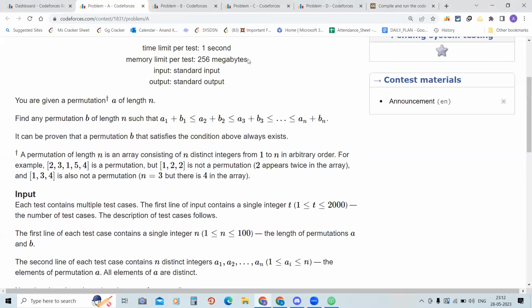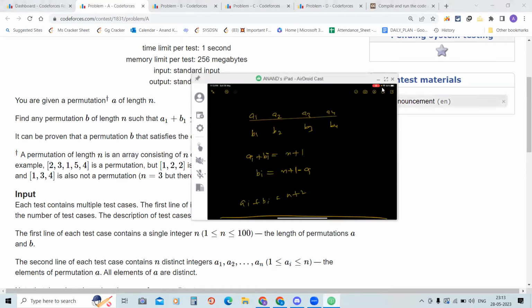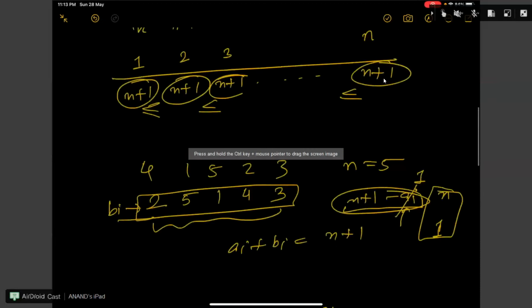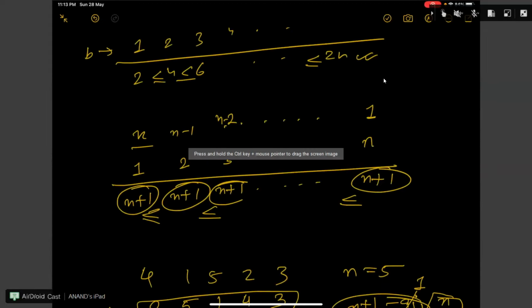So in that case, it's all dependent on the constraint in your input permutation. It won't always be possible to form such a permutation, because as you can clearly see, if your permutation is a strictly decreasing sequence, like n, n minus 1, n minus 2, up to 1, then even if you put 1 over here so that this number formed is the smallest one, it is n plus 1.